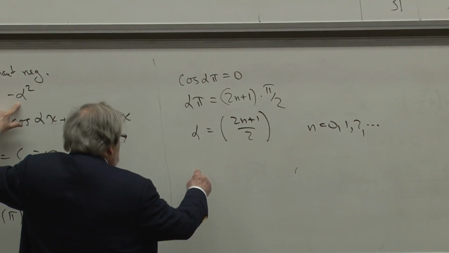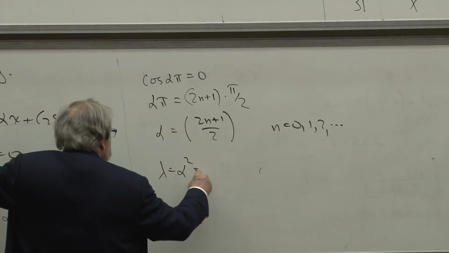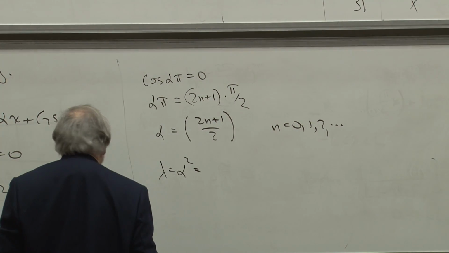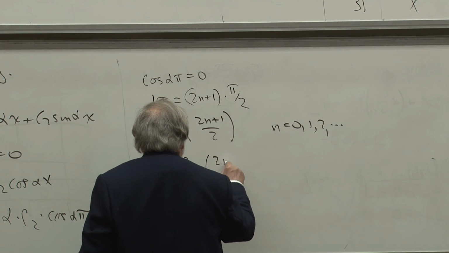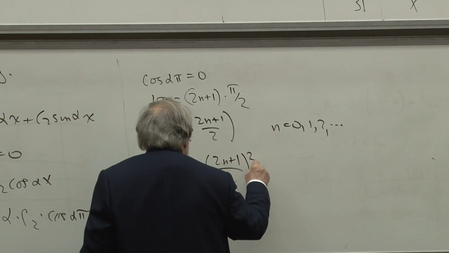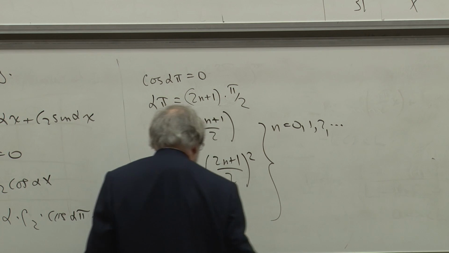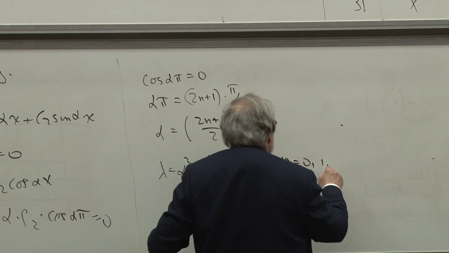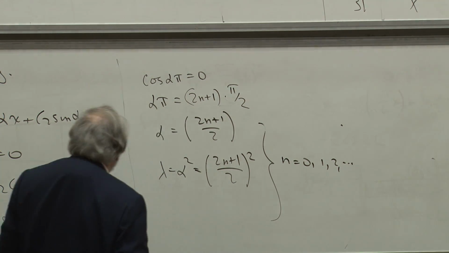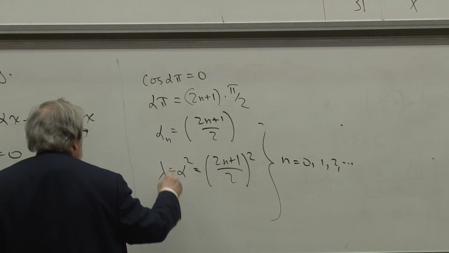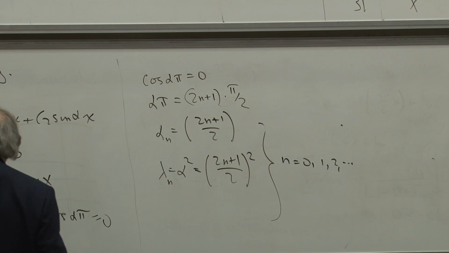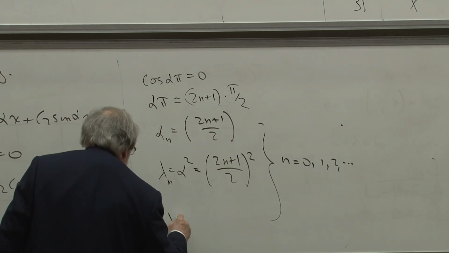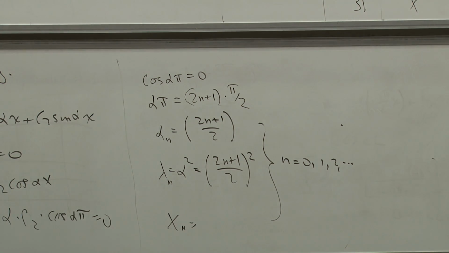Lambda is alpha squared. Here it's important now to get lambda correct, as you'll see in a moment. So this is 2n plus 1 over 2 squared. All of these are going to be for n equals 0, 1, 2, and so on. And finally, I'm going to start to label these with an n, lambda sub n. And the solution, the x sub n, that came from the formula for the solution.